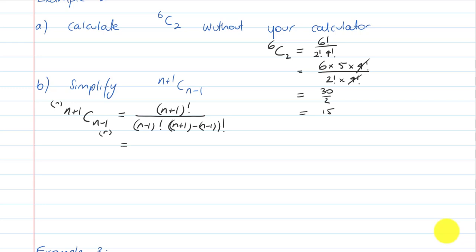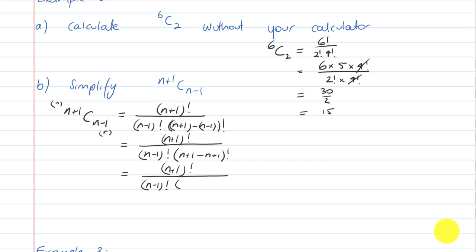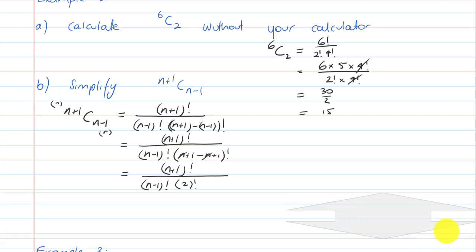And that's going to be equal to (n plus 1) factorial over (n minus 1) factorial times 2 factorial, because the n's cancel out here. So that's quite nice. And now I'm going to carry on simplifying.